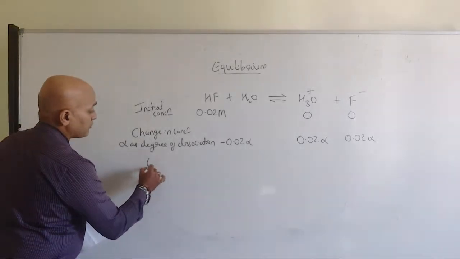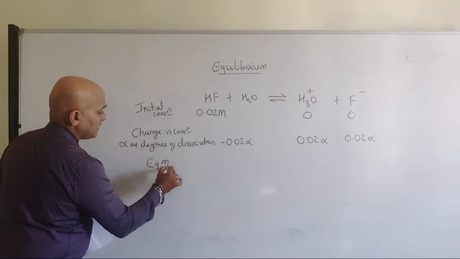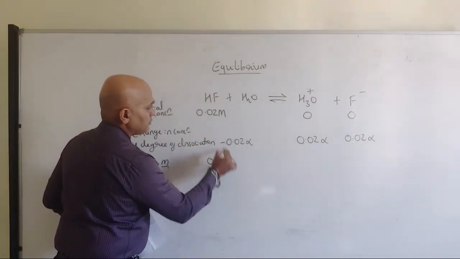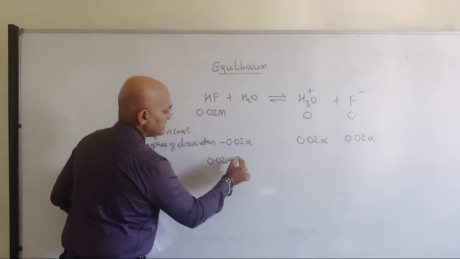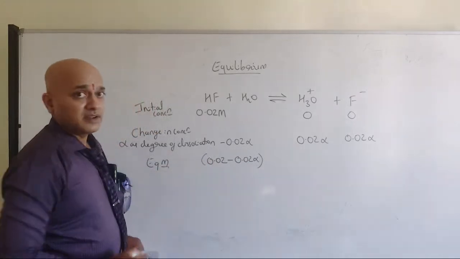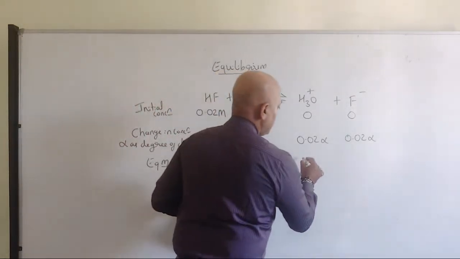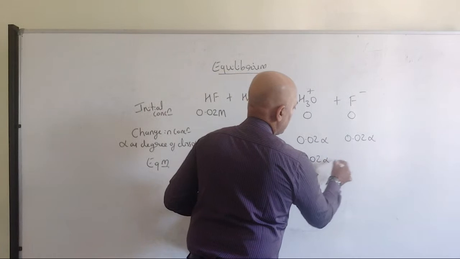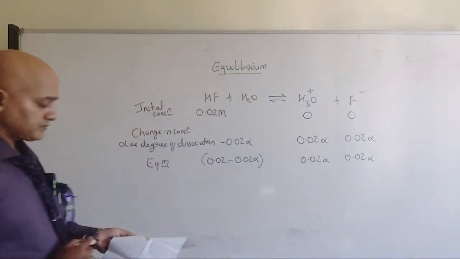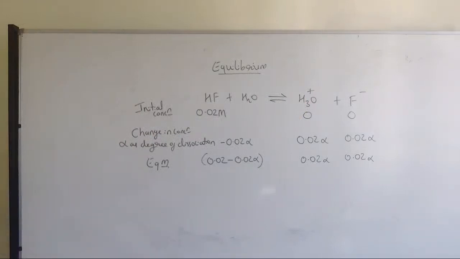Now, concentration at equilibrium. Naturally it will be the initial concentration 0.02 minus 0.02 alpha for hydrogen fluoride, and here it will be 0.02 alpha, 0.02 alpha. Correct? That will be the concentration at equilibrium.